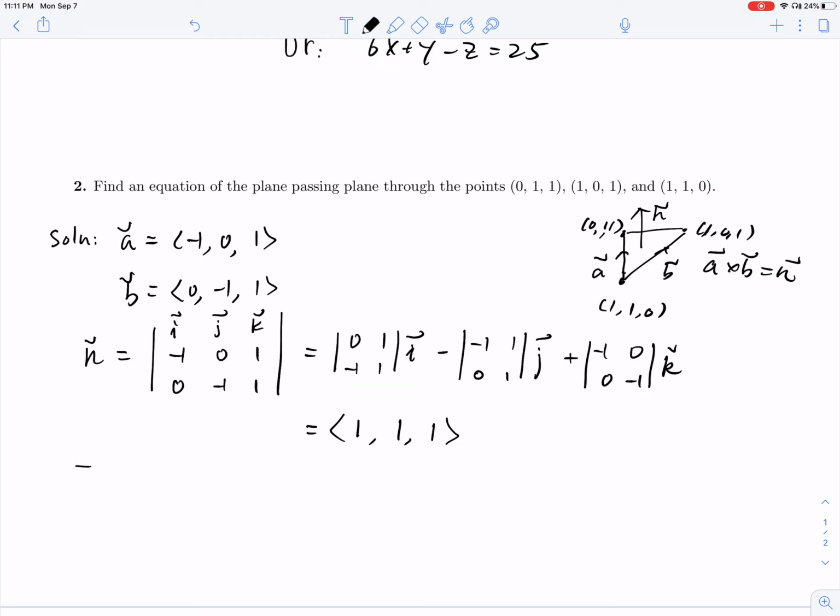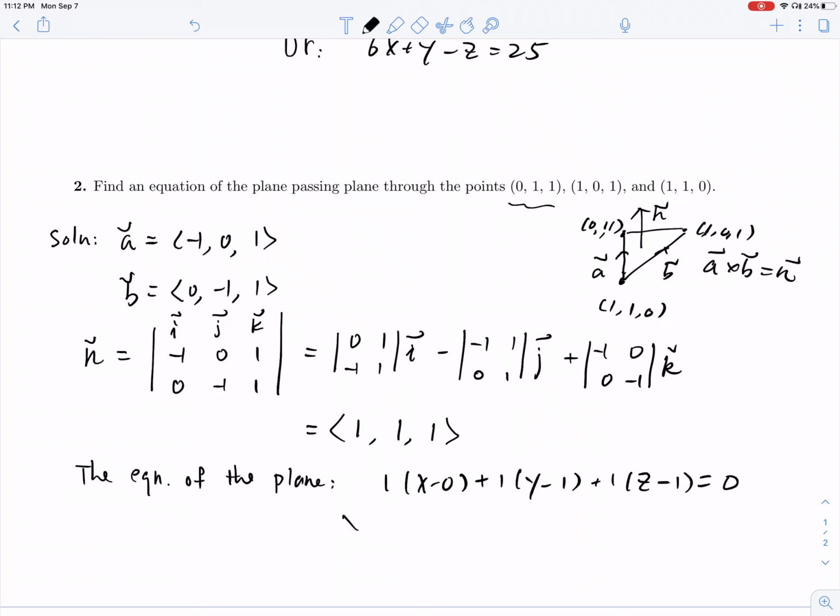And then the equation of the plane: remember we put this normal vector in front. Choose any point, so I'm going to choose this point here. It's going to be 1(x - 0) + 1(y - 1) + 1(z - 1) = 0.